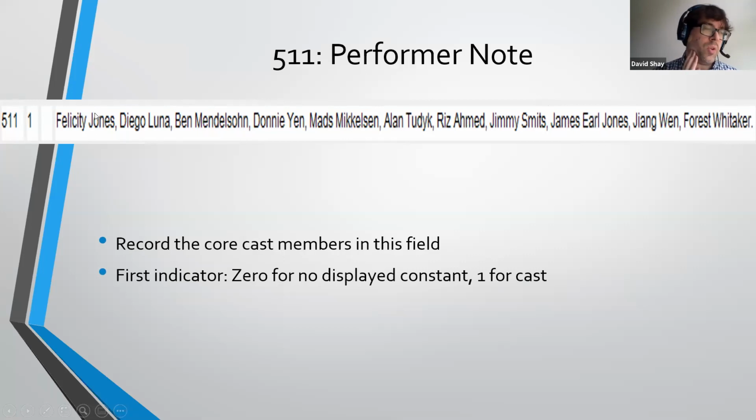You can also use, we'll mention this later on in the presentation, with audiobooks and music. You can use this to show your narrators or your band members or any other kind of performers, soloist on a record or things like that.